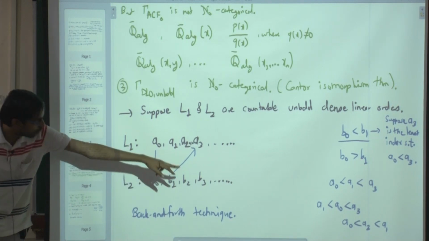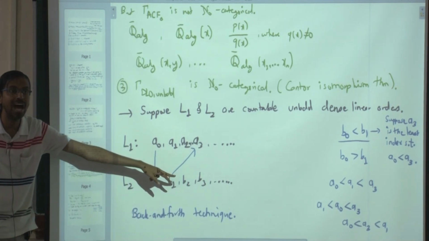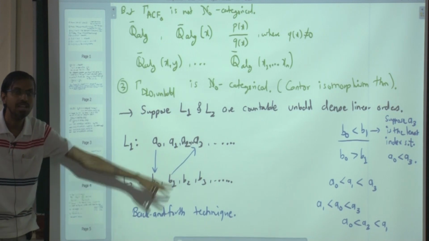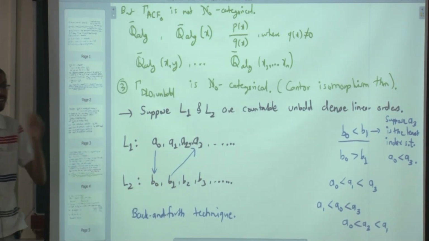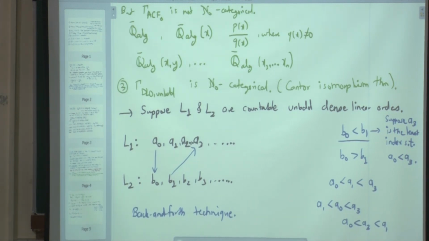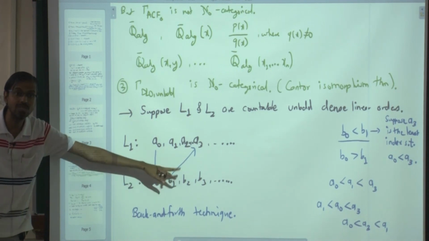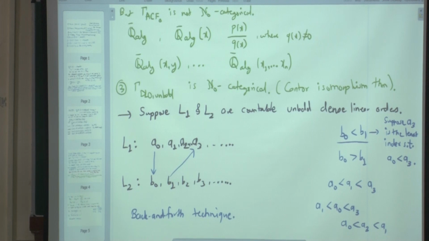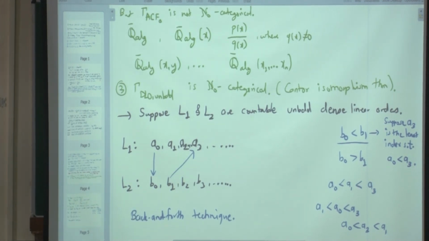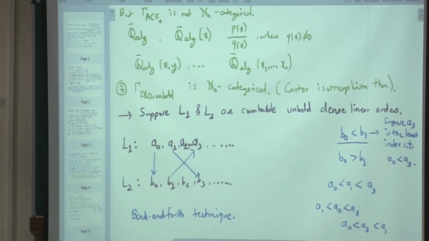For the second case I will use that it is unbounded below, and for the last case I will use that it is unbounded above. I will always find one element, and because this is a well ordering, I will always find the least Bi with this property, and then I can map this one to this one.